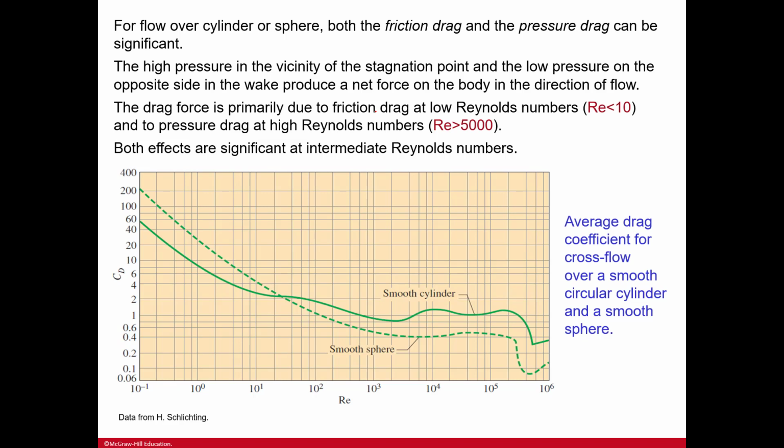Both effects are significant at intermediate Reynolds numbers. And so here you can see the average drag coefficient for cross flow over a smooth cylinder and a smooth sphere.